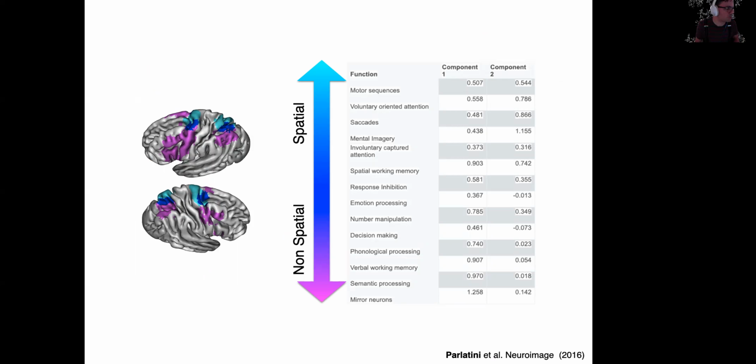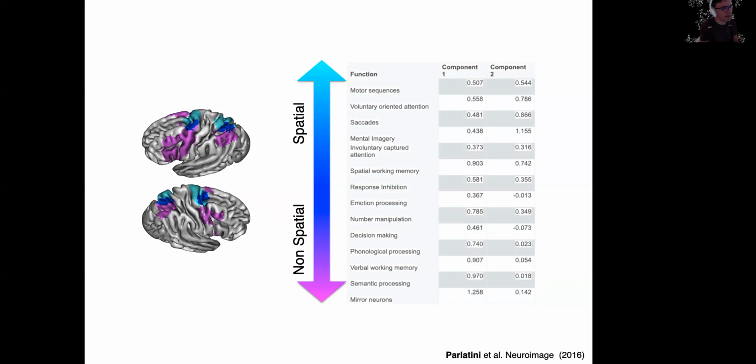As you remember, component number one is the ventral pink one, and you can see that high values for this component happen to be mostly for mirror neuron, semantic processing, verbal working memory, and phonological processing.